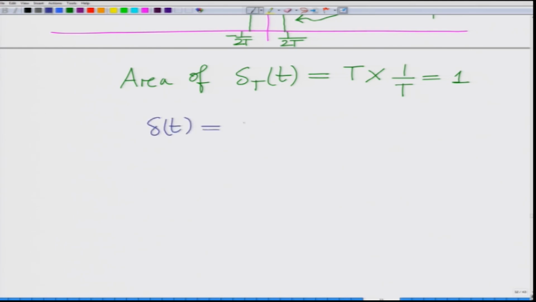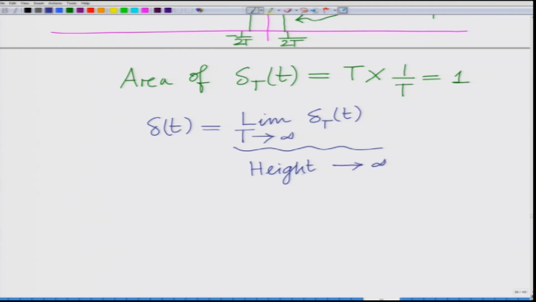One way to understand delta T is the limit as T tends to infinity of delta T, which means the height of the pulse tends to infinity, the width tends to 0, however the area is 1, which is a constant.